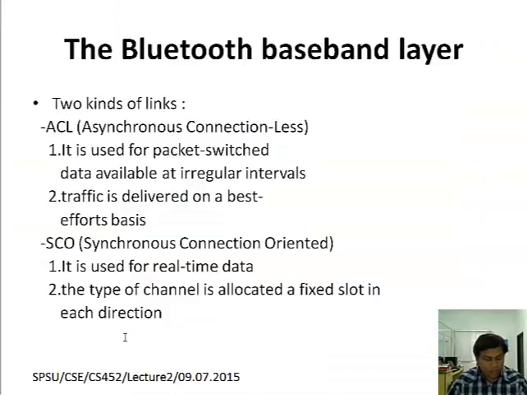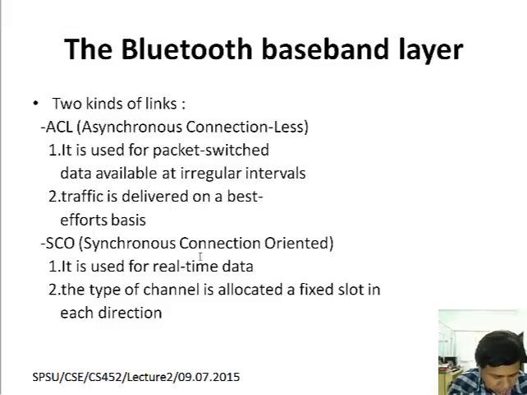Now we have the second type of communication, which is called SCO, that is synchronous connection oriented. Asynchronous means there can be simultaneous processes, but synchronous means one after another, so it utilizes the entire channel. SCO is used when avoiding latency is important and error free delivery matters.